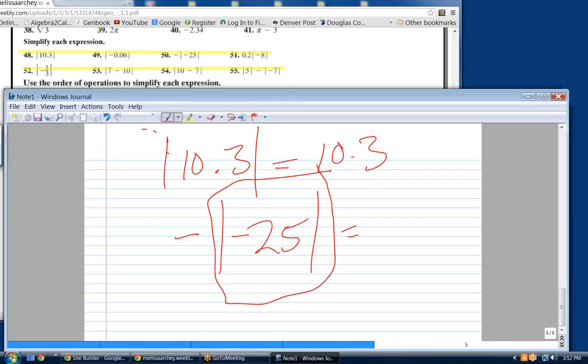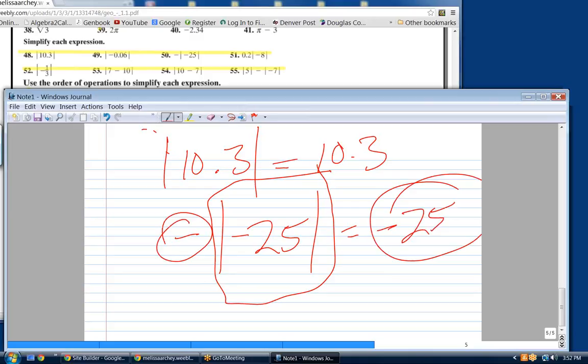Absolute value is always a positive number. Like the absolute value of negative 0.06 is 0.06. So the absolute value of negative 25 is 25, but we still have this negative sign over there. So the answer is that.